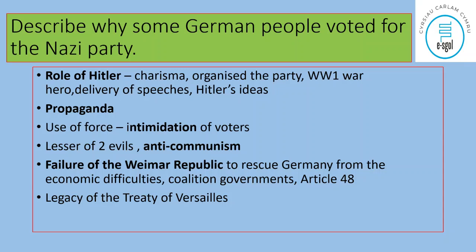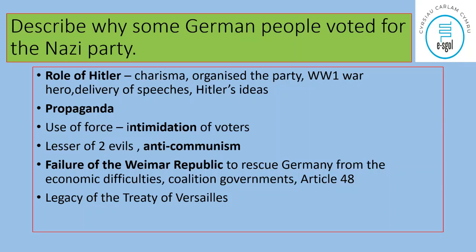You might discuss some of the political issues regarding the Republic, like the overuse of Article 48 is an important one, isn't it? The overuse of this, which suspends democracy and leads to the breakdown of parliamentary democracy in Germany, the failure of Weimar to rescue Germany from the economic difficulties, being blamed for the impact of the Wall Street crash, being blamed for the starvation levels or people near starvation levels.